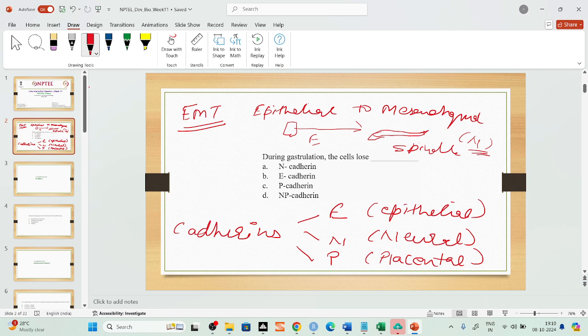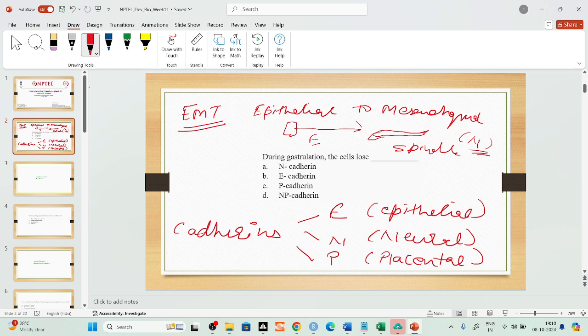in mesenchymal tissues. And your P-cadherins are the placental cadherins, which are mostly present in the placenta and in some basal epithelium also. Now, always remember that the E to N transition takes place during epithelial to mesenchymal transition, and this event takes place during gastrulation.